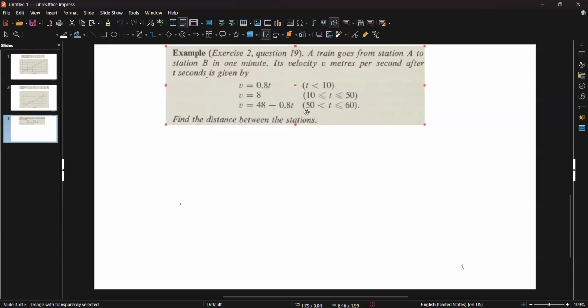So if you're given this kind of information and you have to draw the graph, and then find the distance between the stations, you don't have to draw the graph. You can actually do it by calculation. But I'm going to go the route of drawing the graph.